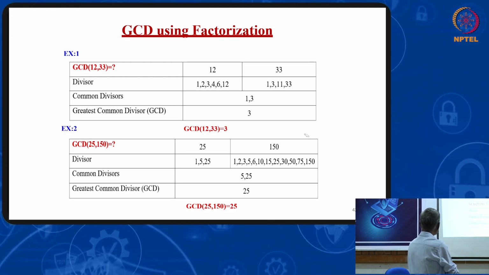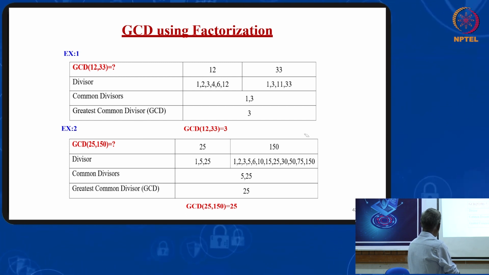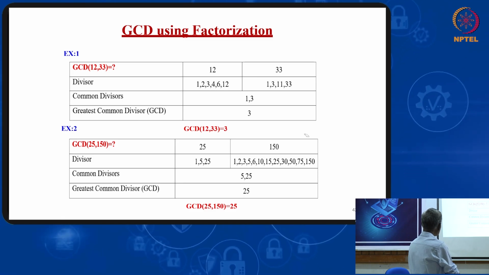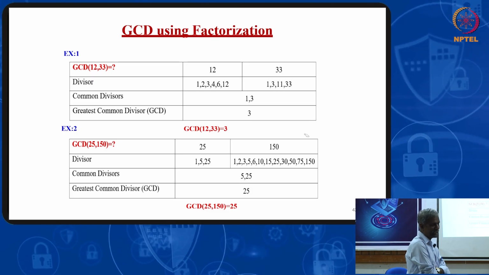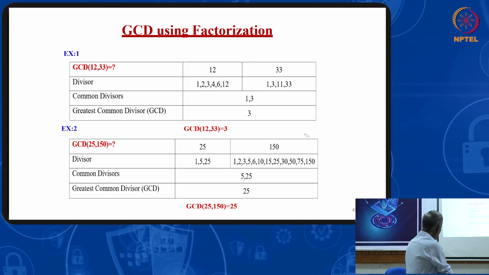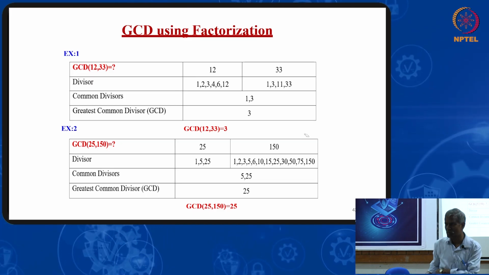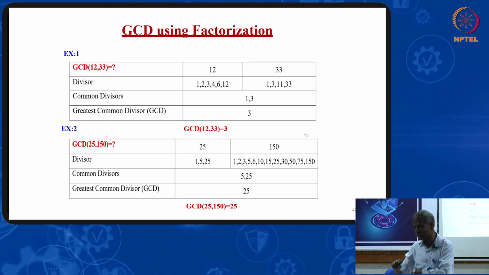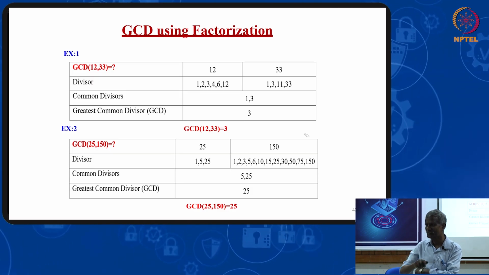Here, the divisors are 1, 5, 25. Here also 5, 25, but the common divisors are 5 and 25, and the greatest common divisor is 25. The meaning of greatest common divisor is, even though 5 is a common divisor and 25 is a common divisor, the greatest among 5 and 25 is 25.